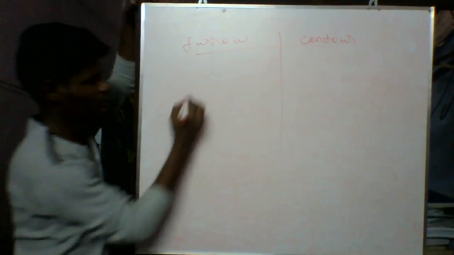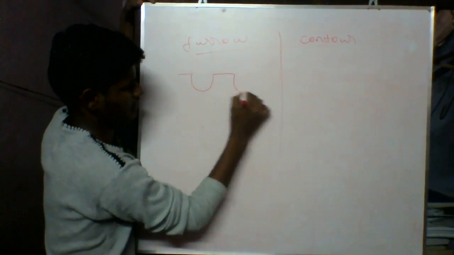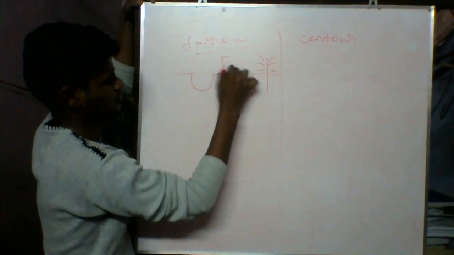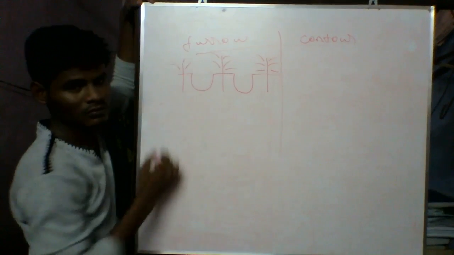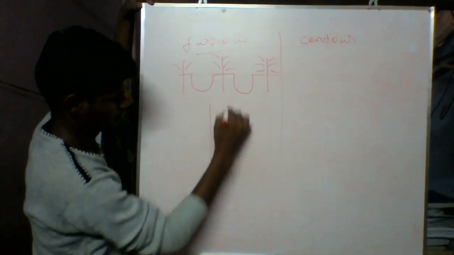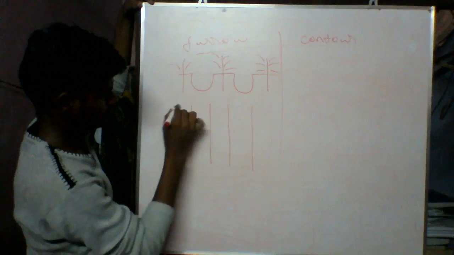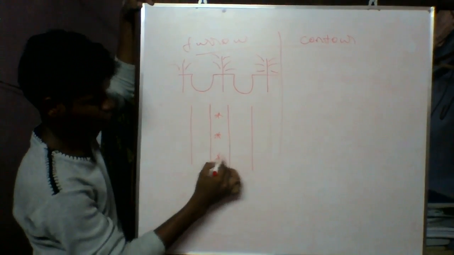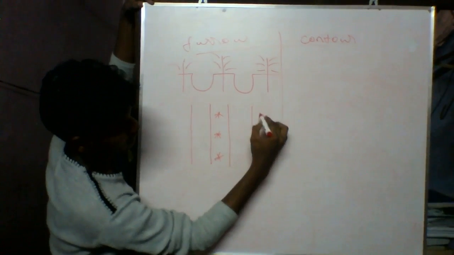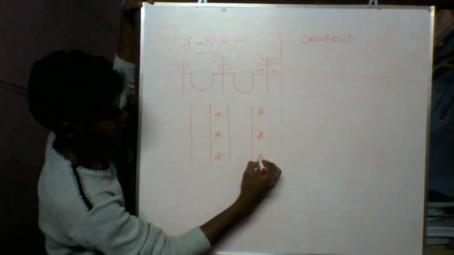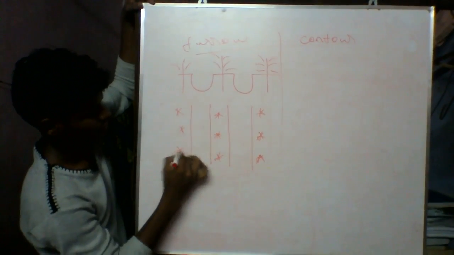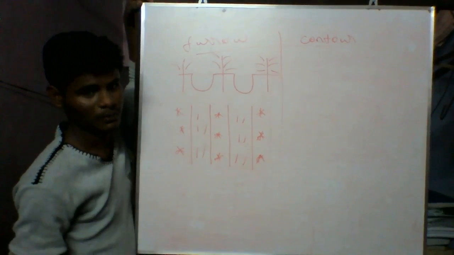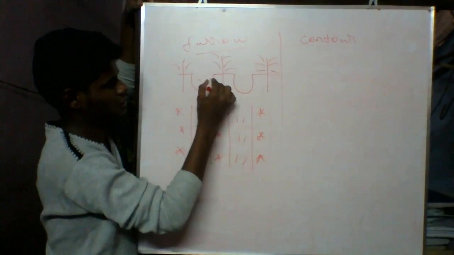So in the furrow method, like this, these are the plants. This is the water supply through the canals.